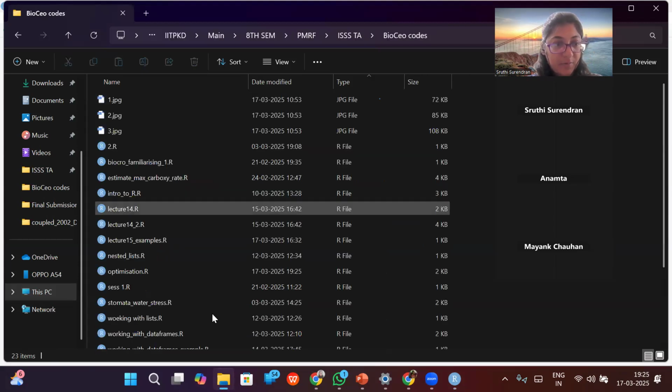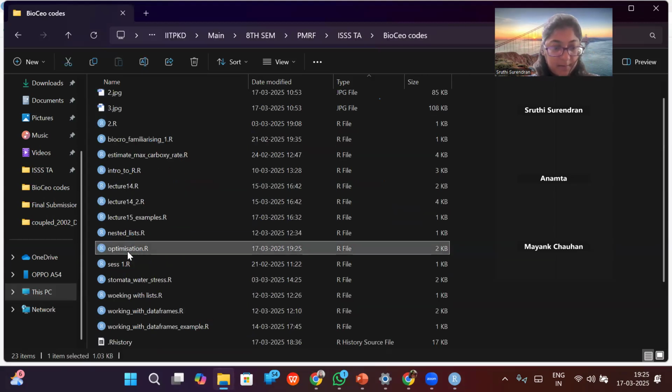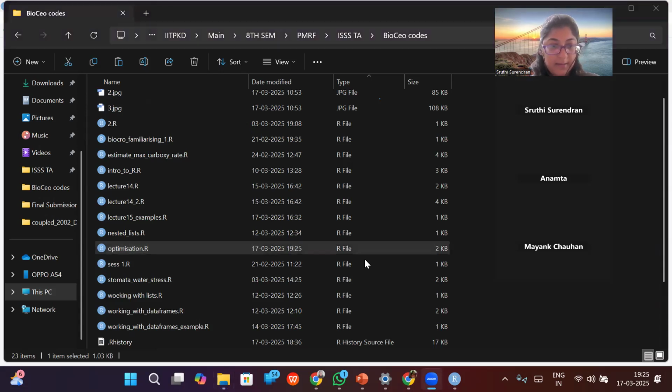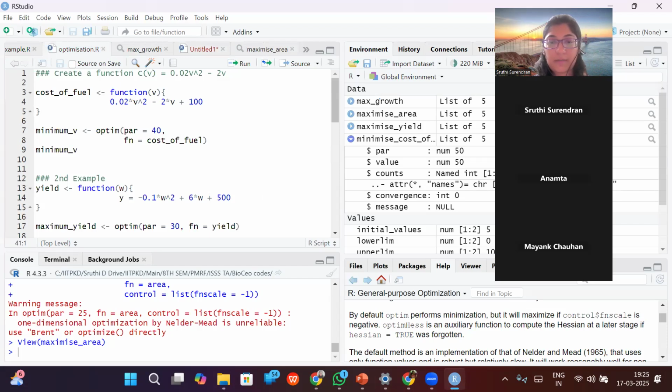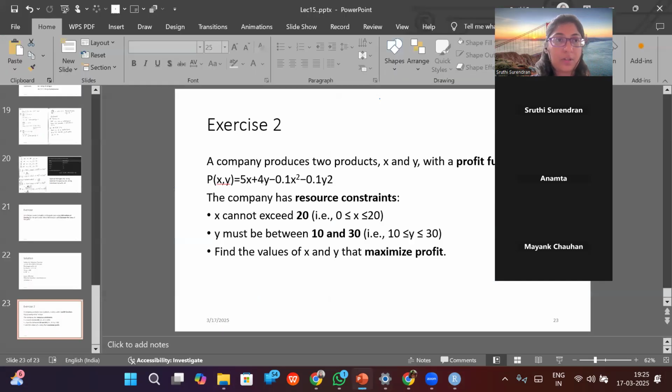Please do try. Mayank, also, I think you must have got a grip of what objective function is, what decision variable is, what constraints are. So try using this code, or I have also given the manual way to solve this.